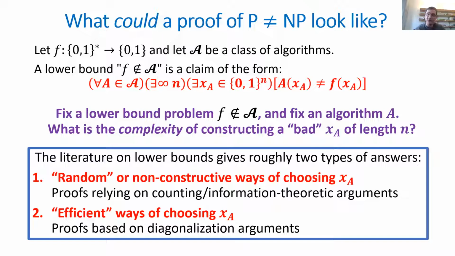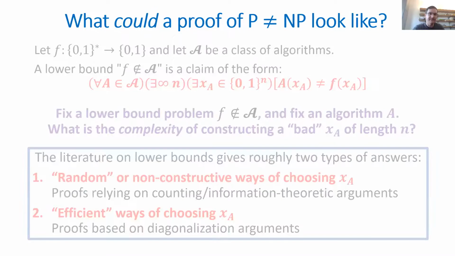So given the code of a Turing machine that claims to solve the halting problem, you can efficiently produce a bad input on which this program fails to correctly decide halting. All right. So there's sort of two different ways of constructing bad inputs here. And I would say the first one is much more common nowadays in lower bounds work than the second one.